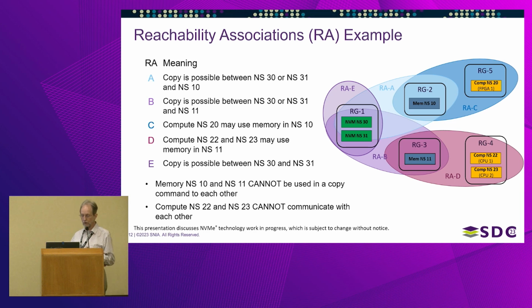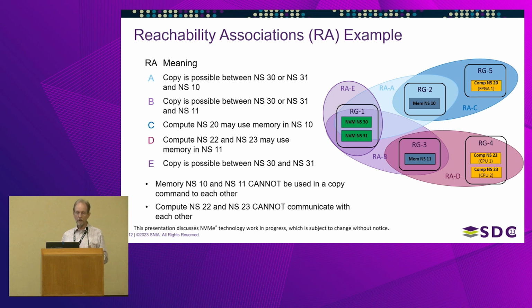Other things that are shown on here is that memory namespace 10 and memory namespace 11 have no ability to communicate with each other. You cannot do a copy command between the two. You also cannot use memory namespace 10 for any operations with compute namespace 22 or 23 that exist in reachability association D. So I think that kind of covers all of what's in reachability.